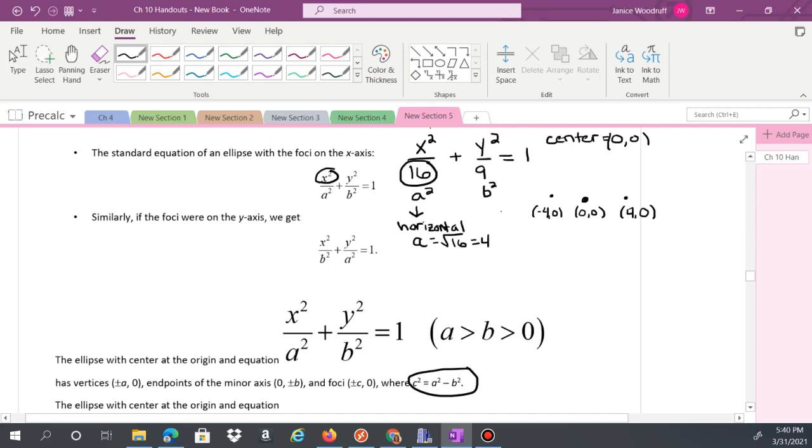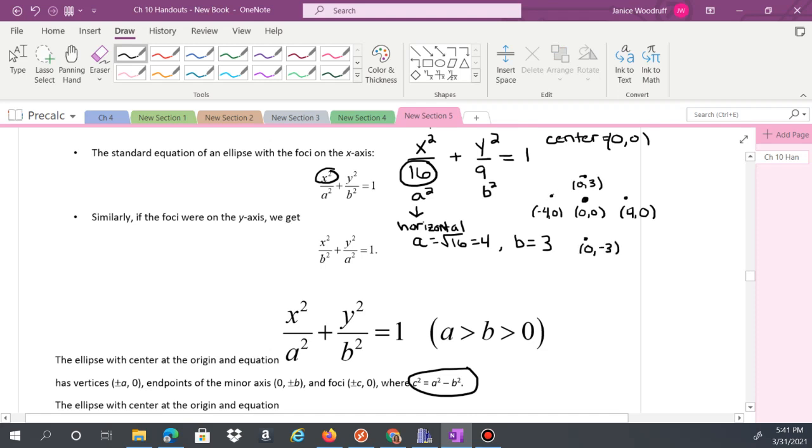Okay, then my B, if B squared is 9, then what's B going to be? Okay, so then that is going to be the minor axis, which is going to be underneath the Y. So that's up and down. So up 3, so we'll call this 0, 3, and then down 3, 0, negative 3.